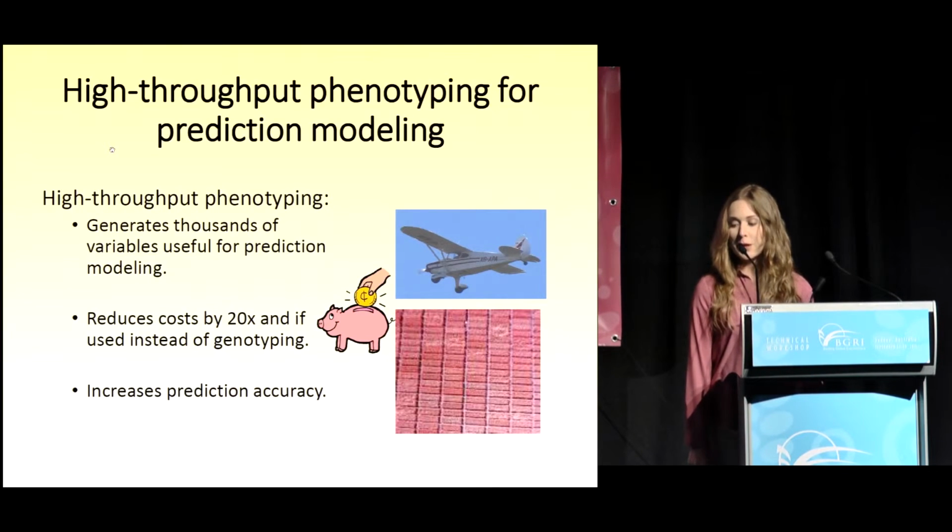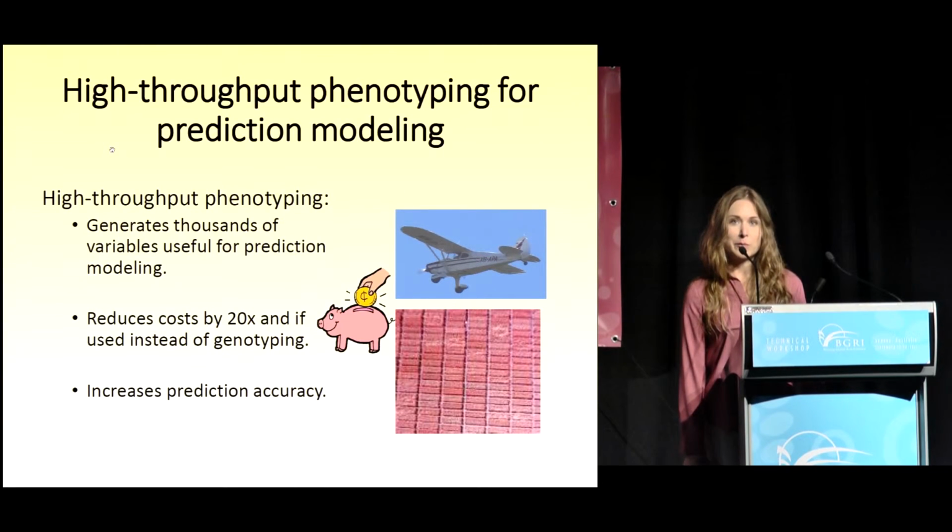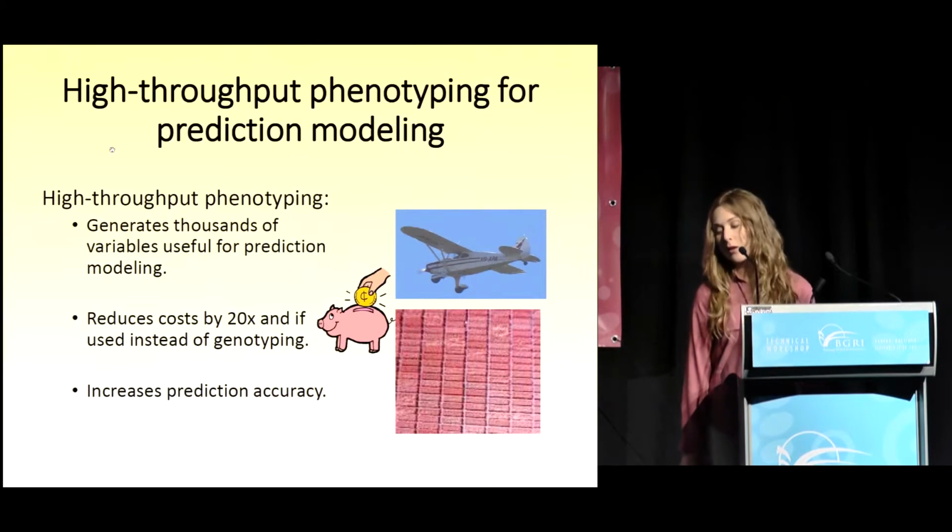So in high throughput phenotyping, we're basically able to generate thousands of variables useful for prediction modeling, and it really hasn't been used very much for prediction modeling in the past, but it's something that we really should be using more and more. One of the huge major advantages of this is that generating high throughput phenotypic data is about 20 times cheaper than genome-wide genotyping at the moment. And by using this data, we can potentially increase prediction accuracy.